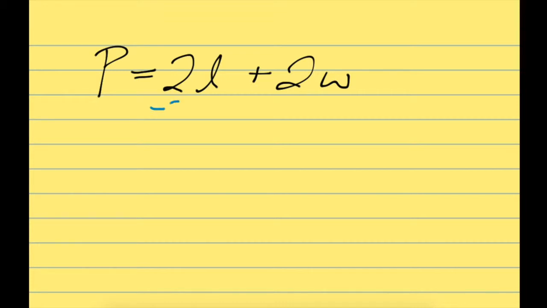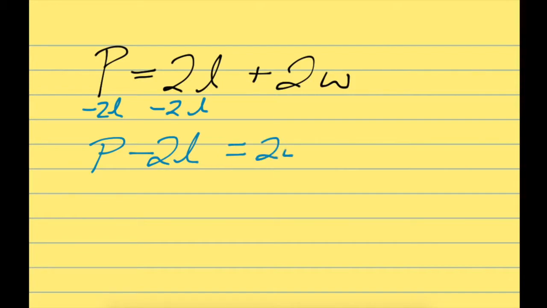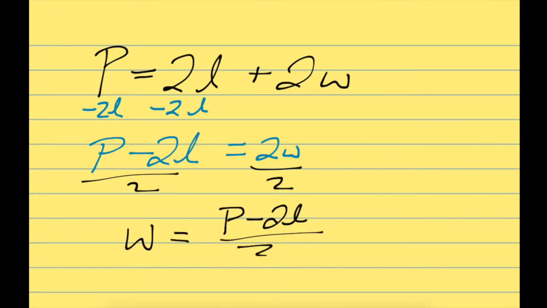So first I move things attached by addition or subtraction. So I'm going to subtract the 2l from both sides, which gives me p minus 2l equals 2w. Now I get rid of things that are attached by multiplication, and I get w equals (p minus 2l) over 2.